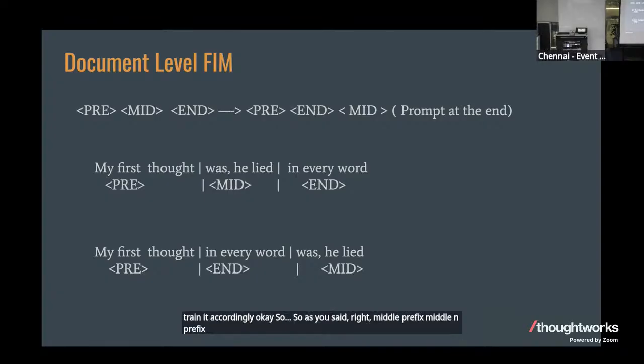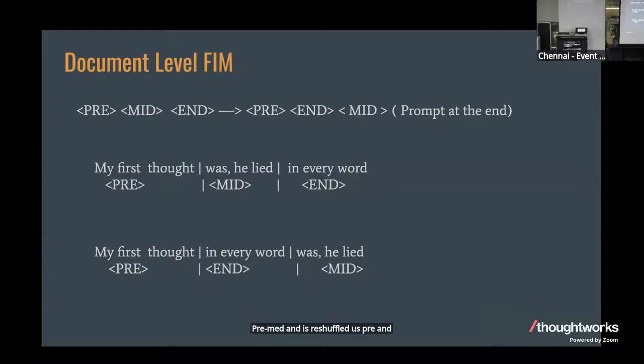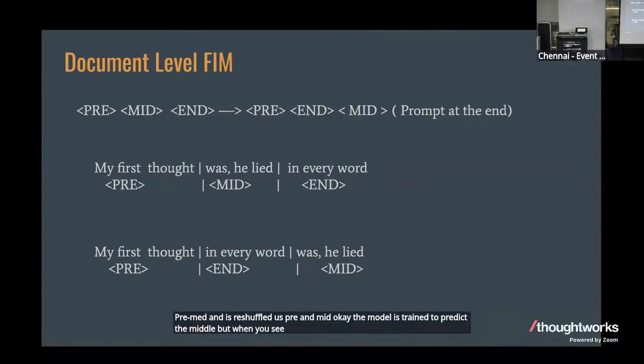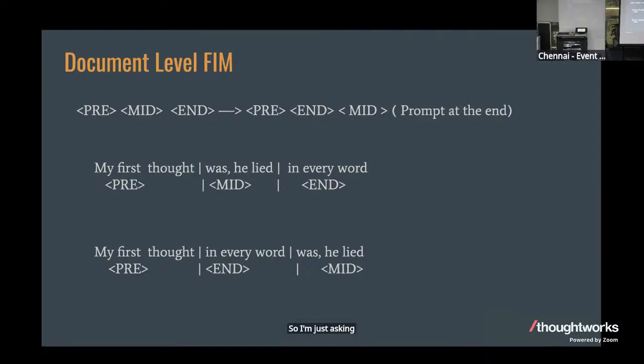When you split and reshuffle it, the model is trained to predict the middle. I'm just asking whether it is able to fill in the blanks.